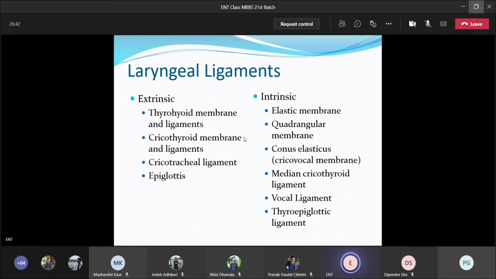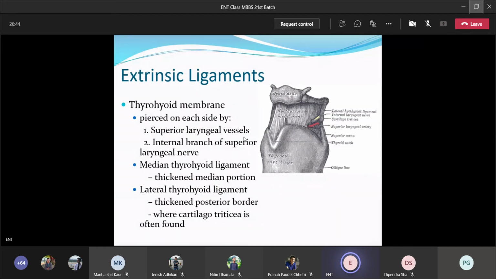So now the next slide is extrinsic ligament. The thyrohyoid membrane is pierced on each side by the superior laryngeal vessels and the internal branch of the superior laryngeal nerve. The median thyrohyoid ligament is the thickened median portion, and the lateral thyrohyoid ligament is the thickened posterior border, where the cartilago triticea is often found.